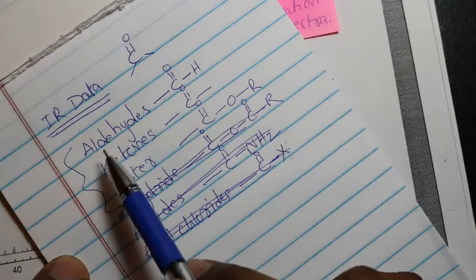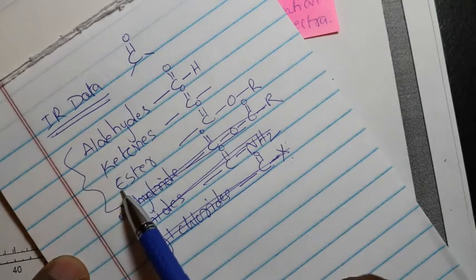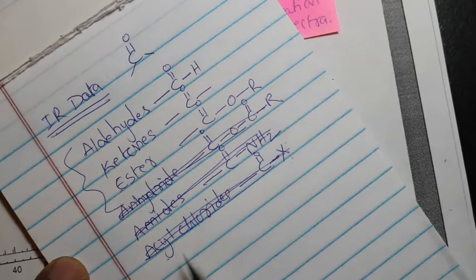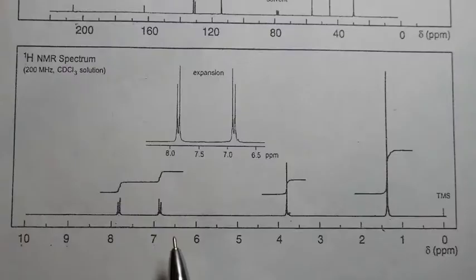Now we can further simplify this selection by using proton NMR. This is the proton NMR that belongs to that compound. If we have an aldehyde molecule, we should see a peak that belongs to the aldehyde hydrogen between 9.5 and 10.